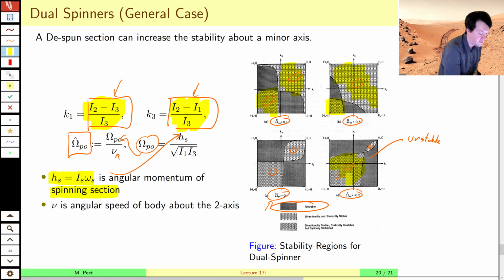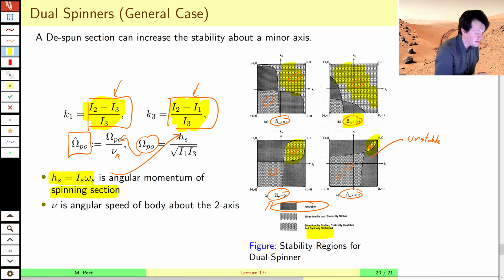Now they're slightly different. They're statically unstable, but we can stabilize them fairly efficiently. So ideally, you want to be in the sort of bricky region here. So basically, the bigger these regions are, the better.